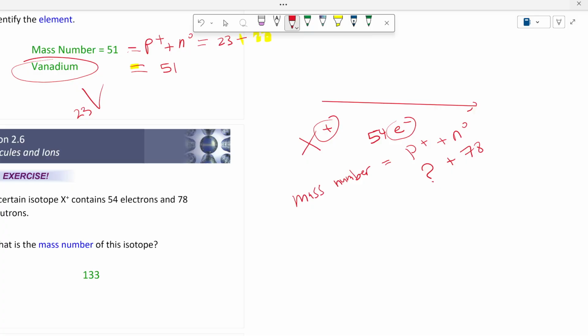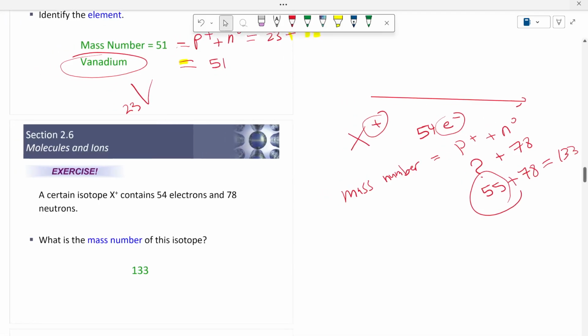So here +1 means we have one more proton compared to electrons. So we have 55 protons and 78 neutrons. So the answer is 133. Identify the element, go to the periodic table and check which element has the atomic number of 55.